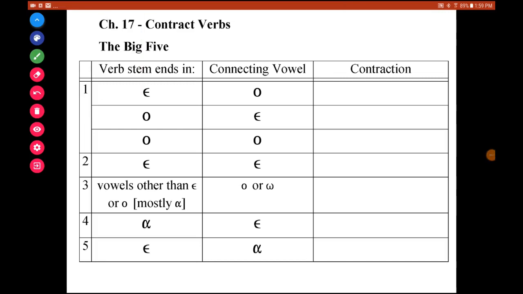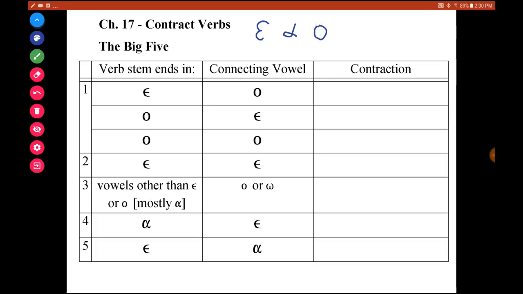If you recall from last semester, contract verbs by definition are verbs whose stem ends in a short vowel. That short vowel will either be an epsilon, an alpha, or an omicron.